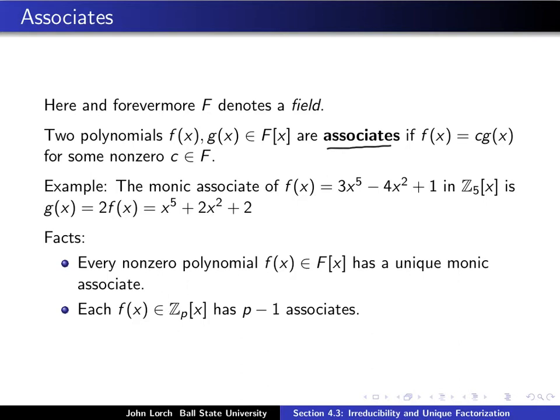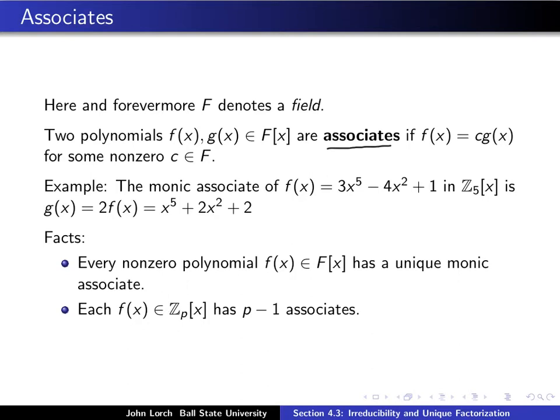For example, if we look at the polynomial f of x being 3x to the fifth minus 4x squared plus 1 in the polynomial ring with coefficients in Z5, we can find a monic associate of f of x by multiplying f of x by 2.